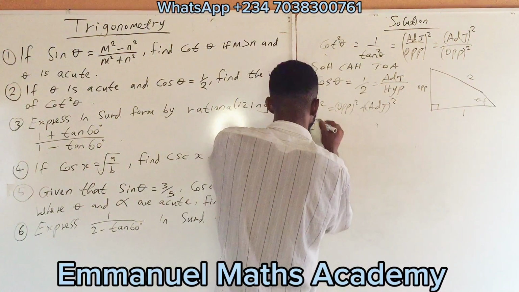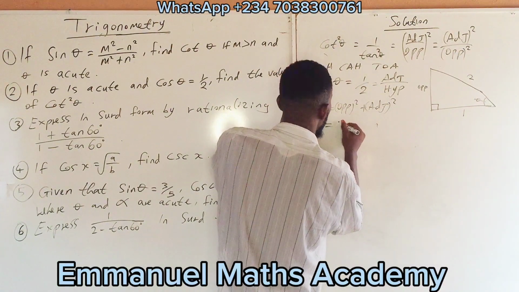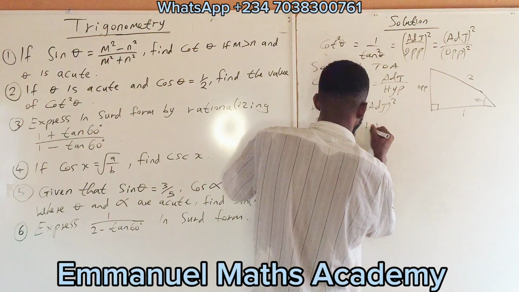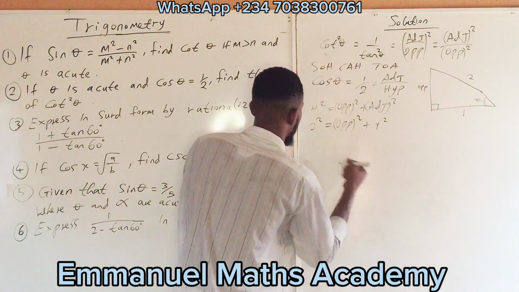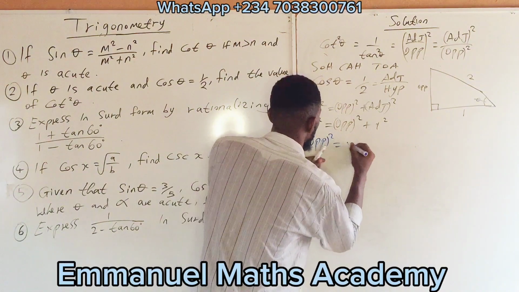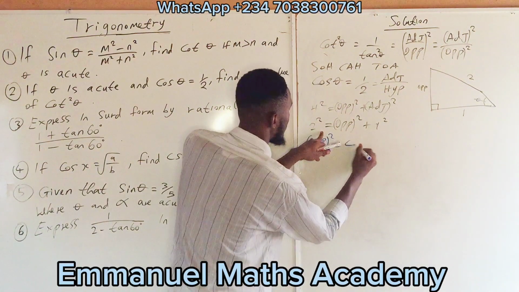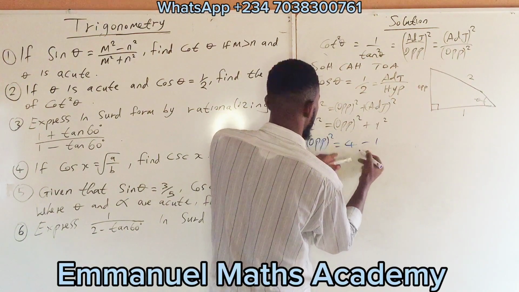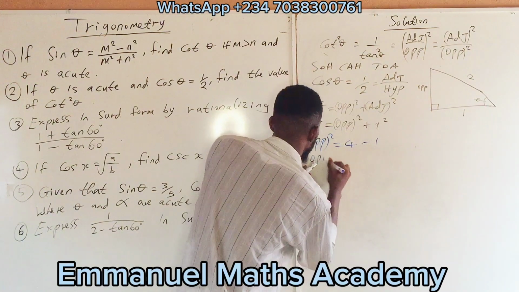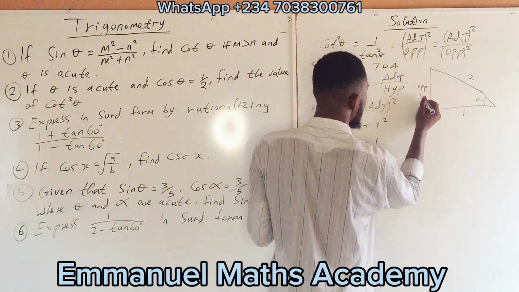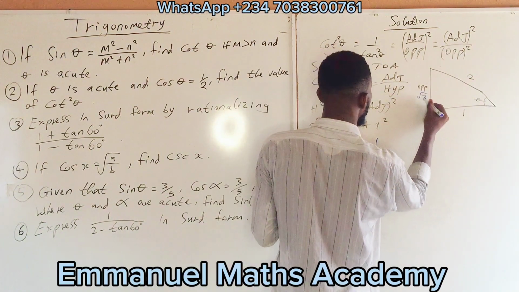So what's our hypotenuse? Our hypotenuse is 2. 2 square equal to opposite square plus, what's our adjacent? Our adjacent is 1 square. So opposite square equal to 4 minus 1, 3. That means opposite is equal to root 3.